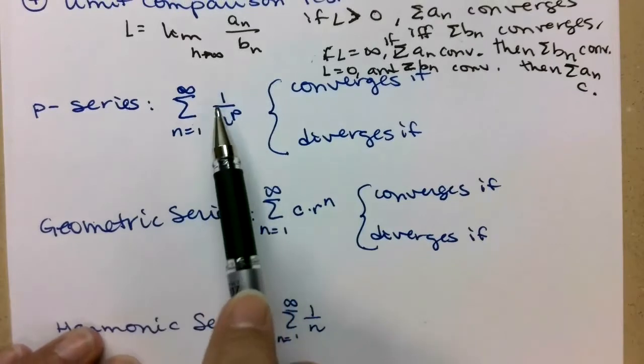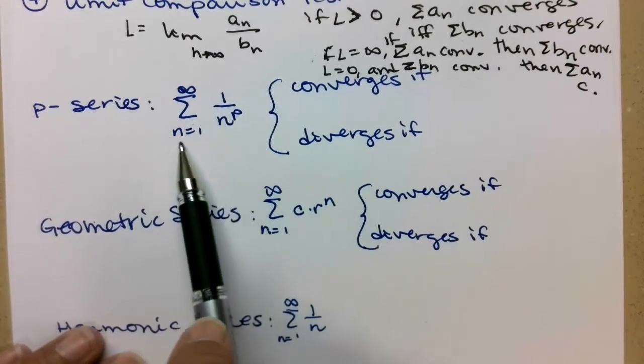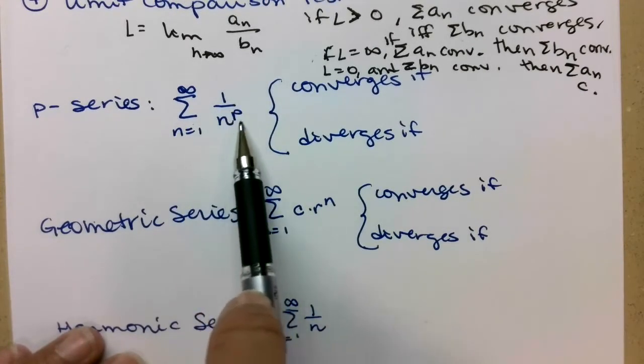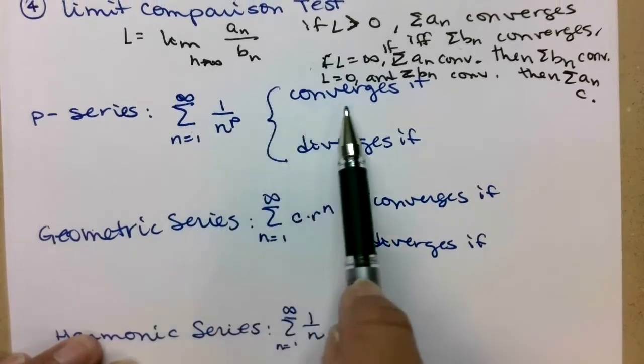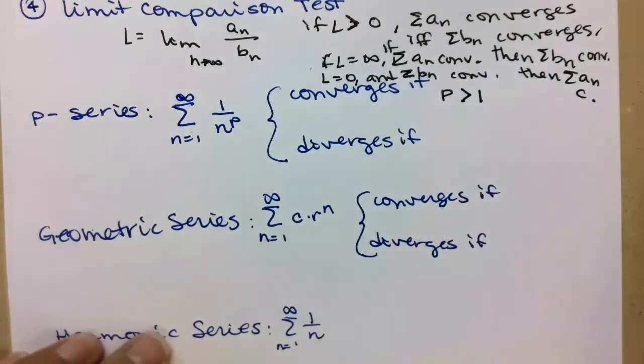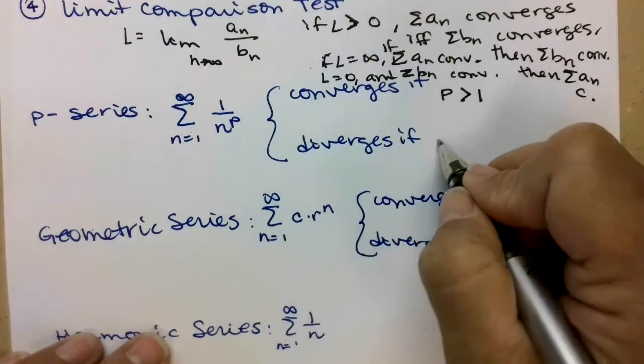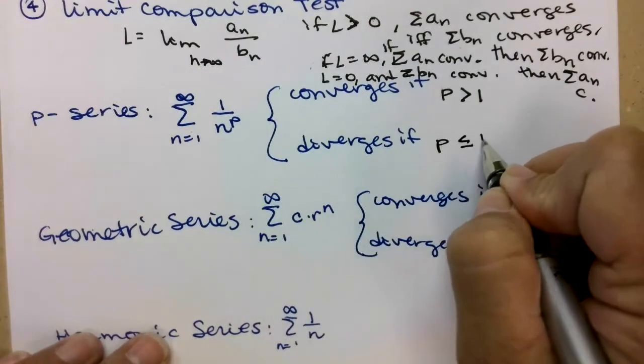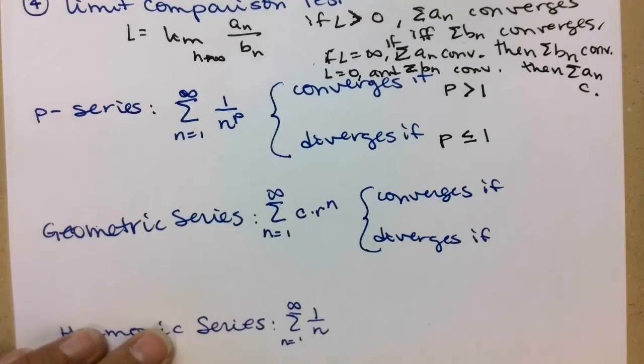Okay, so the p series, so you have 1 over n, whatever your dummy variable is, and it's raised to a power. Okay, so it converges if p is greater than 1, and it diverges all other times, less than or equal to 1.